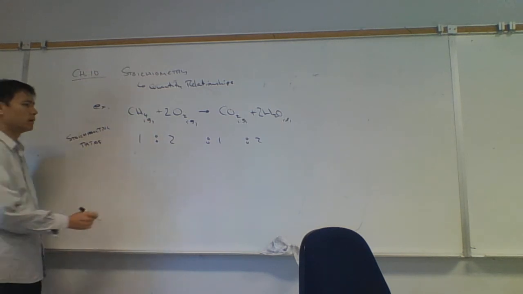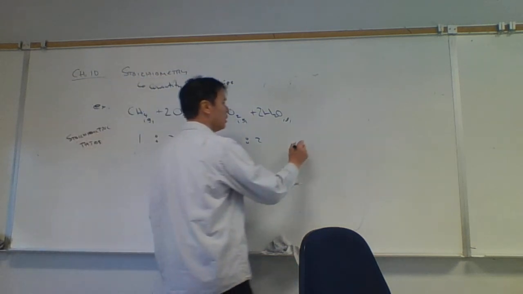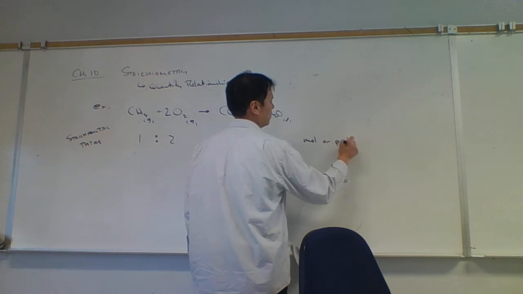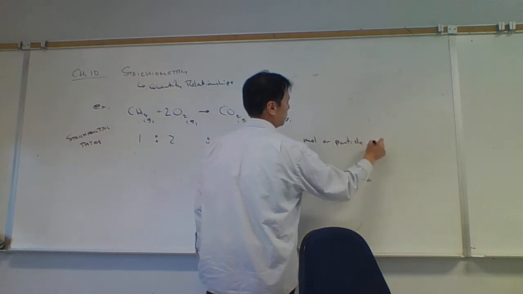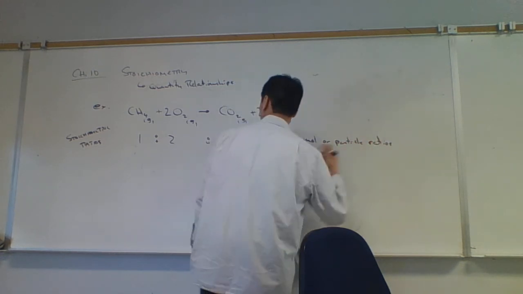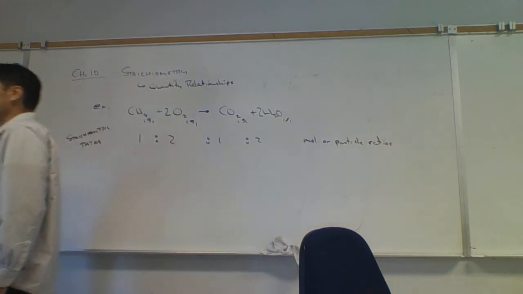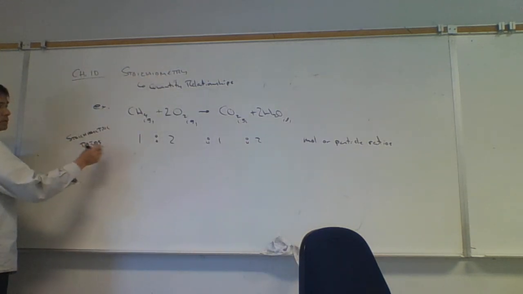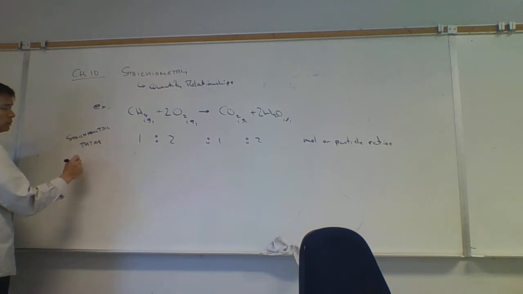These are mole ratios, or molecule or particle ratios. But we can also have mass ratios. And chemical equations are always going to be mole, particle, or molecule ratios.